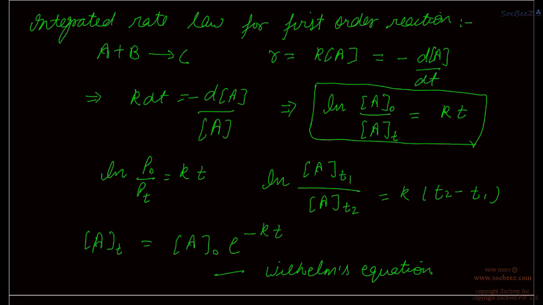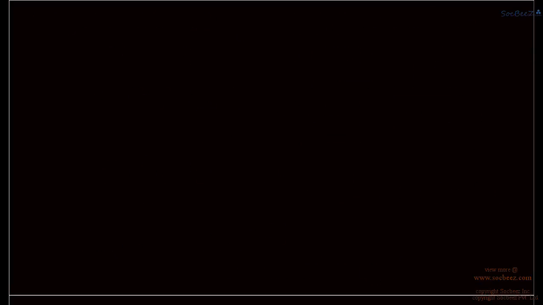So from here, if we put the value of A at t as A naught upon 2, then at that particular time t, the concentration of species A is half of its initial concentration. We call that point of time the half time of a reaction.